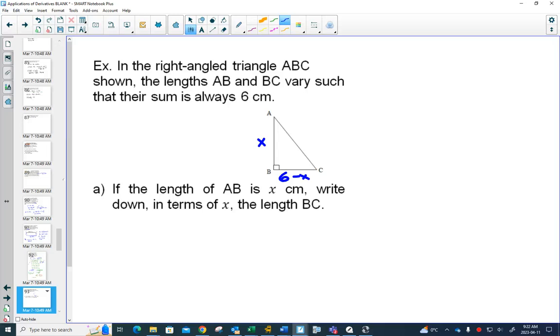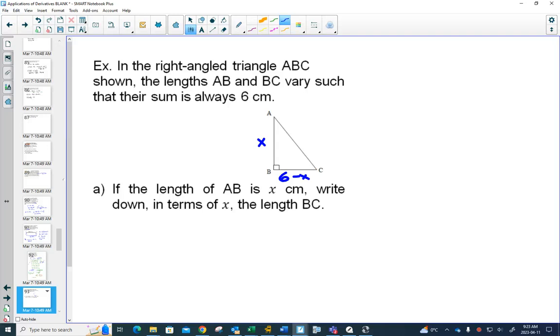If you're ever struggling with how to do that, use a number, right? If x is 1, what's the other side? You're like 5. Okay, take a step back. You figured that out really quickly. How did you do that? You were like, oh, I figured out what needed to be added to get to 6, or I subtracted, and then you're like, oh, it's not hard to figure out 6 minus x.